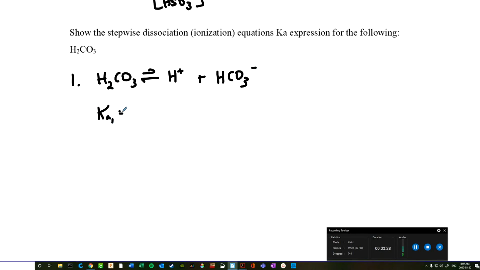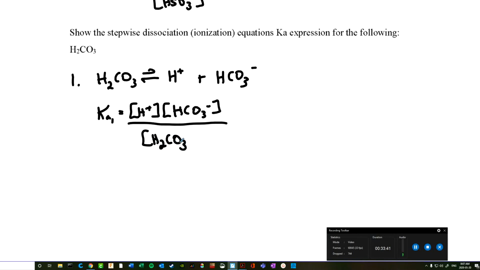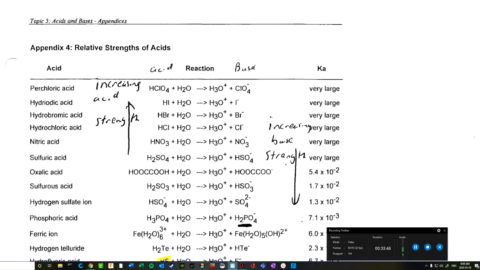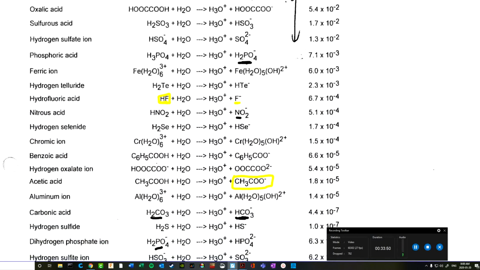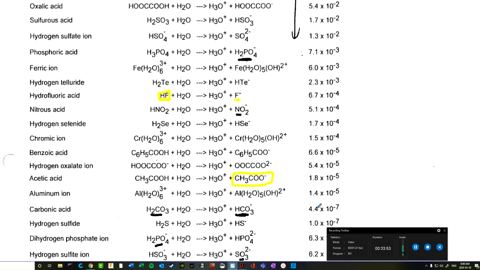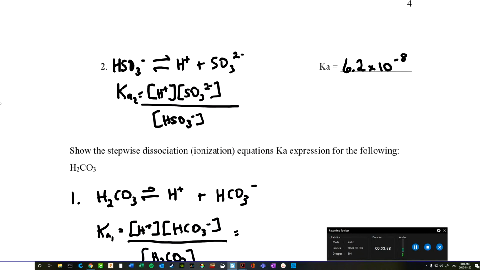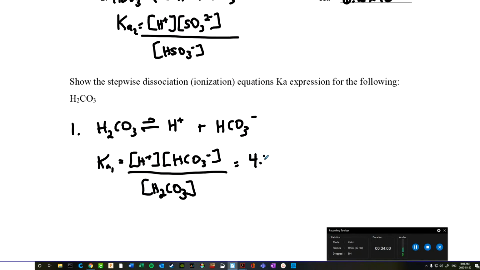So Ka1, you'd write out the expression. And we look up the value for that. So we're looking for H2CO3. Where is it? Here it is. 4.4 times 10 to the -7. So we would put 4.4 times 10 to the -7.